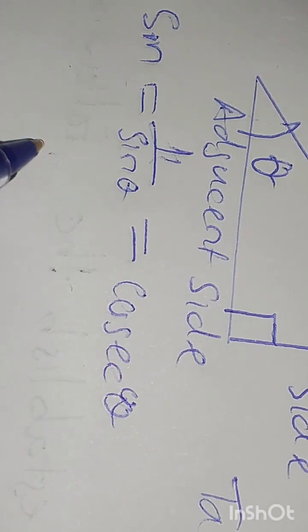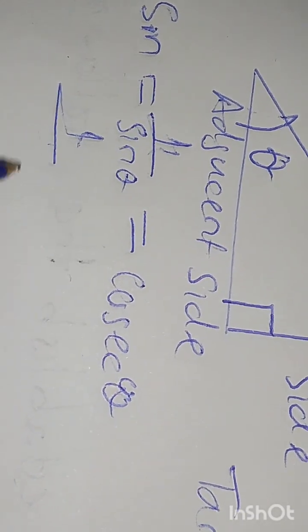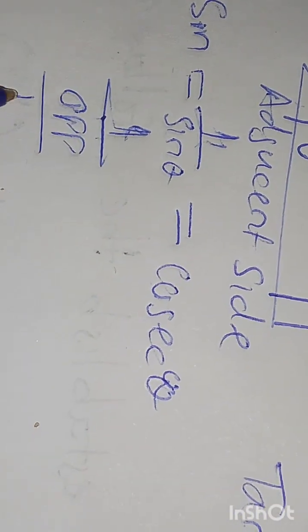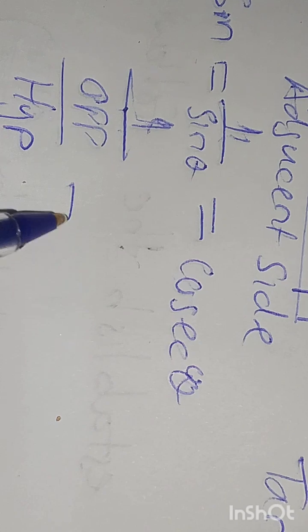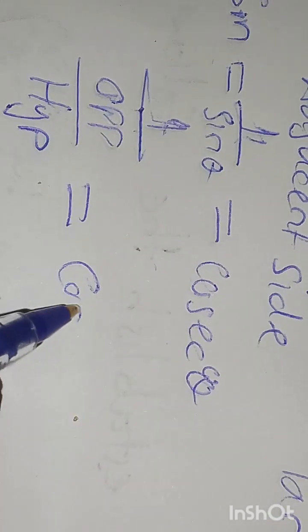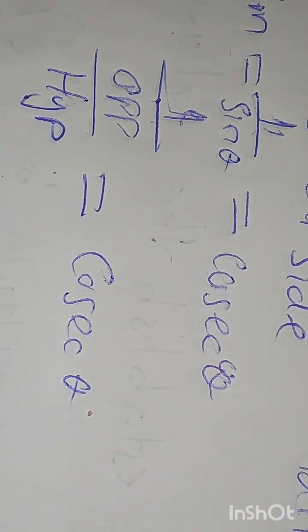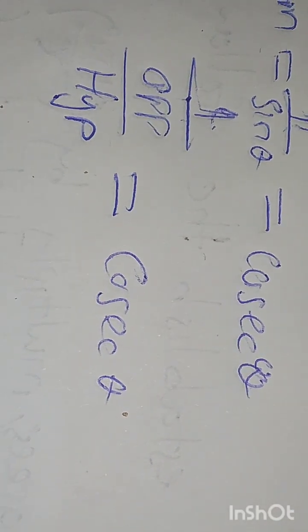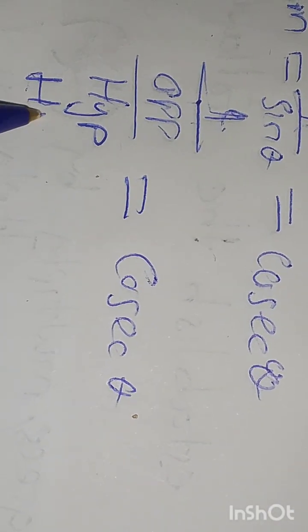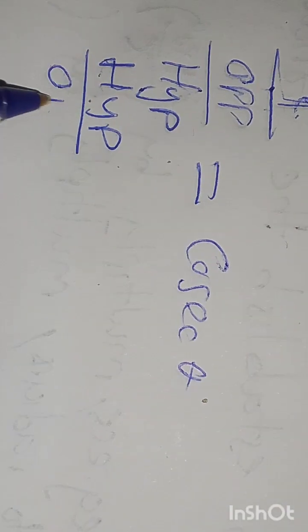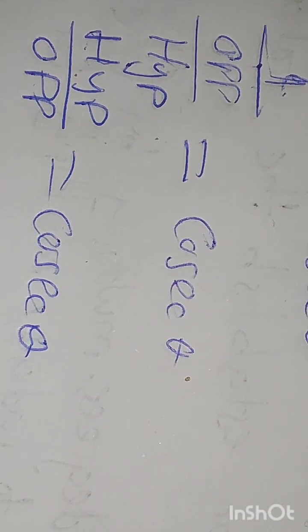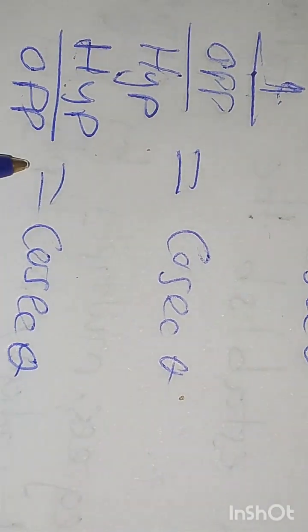Sine theta is opposite over hypotenuse, and since we have 1 over it, these two will just interchange. So the inverse will be hypotenuse over opposite, which is cosec theta. This is another trigonometric function that we have.